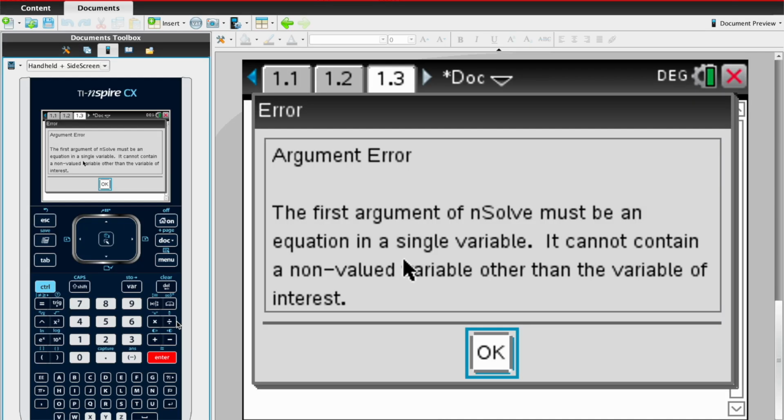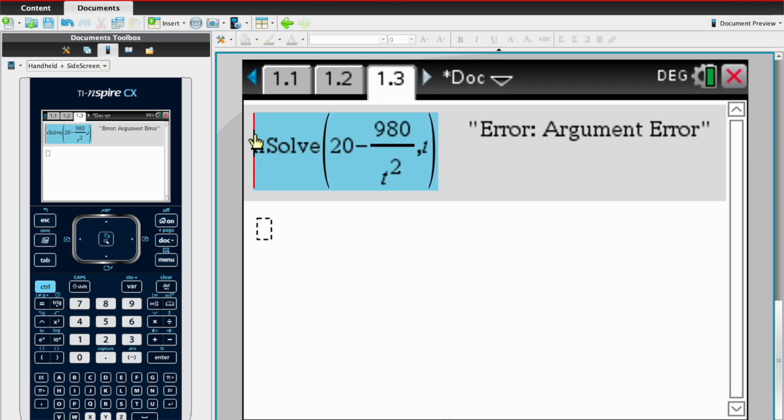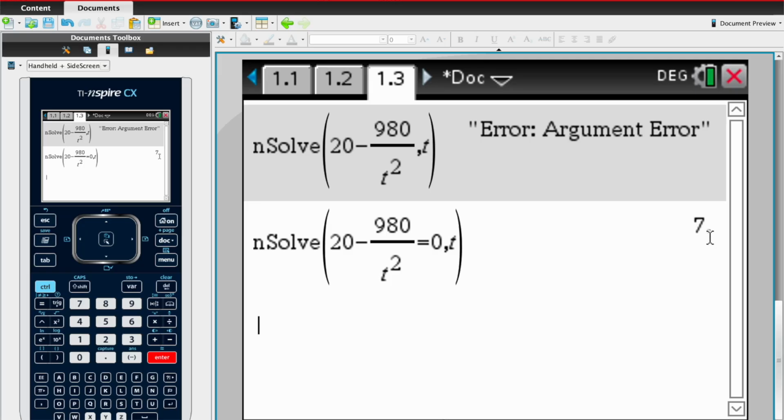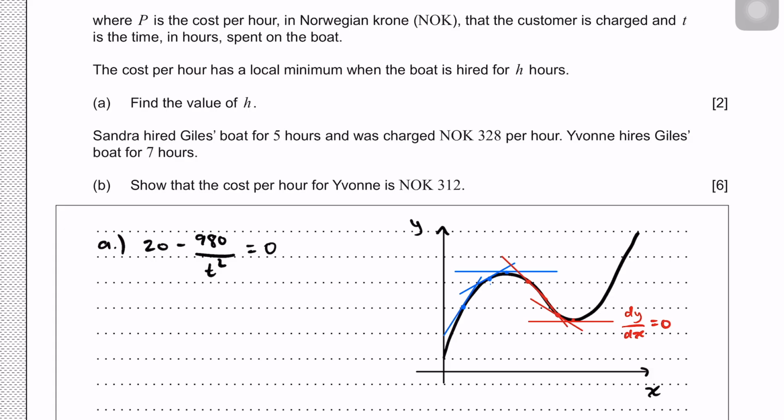We need to set it equal to 0, of course. So when does the derivative itself equal 0? All right, when t is equal to 7. So let's write that out: when t is equal to 7, the cost per hour reaches a minimum.